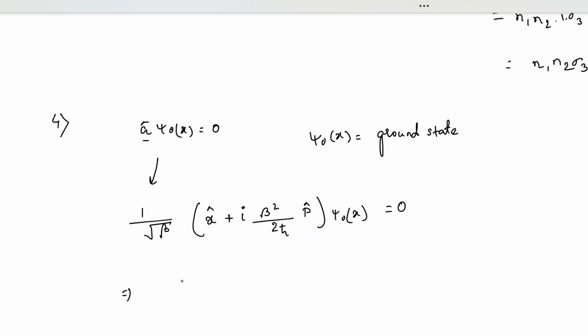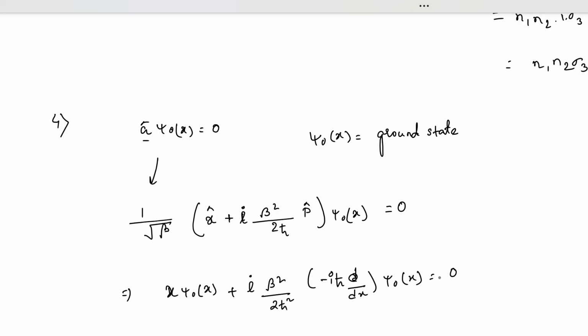So 1 by root over beta you can ignore, because that can be adjusted with 0. But x cap acting on psi naught x is basically x times psi naught x, because you get back the position as eigenvalue, plus i beta squared by 2h cut. Then p cap is the momentum operator, which is minus i h cut, so instead there is a derivative d dx of psi naught x equal to 0.